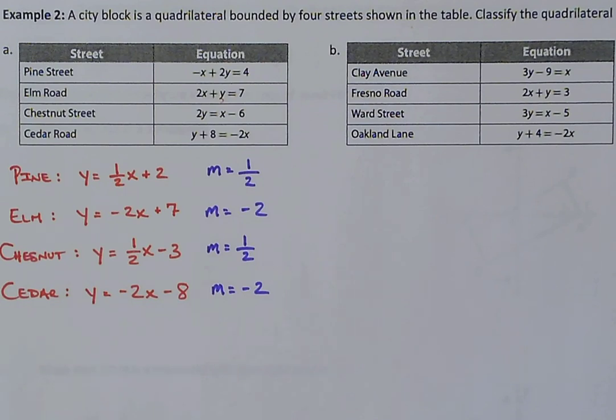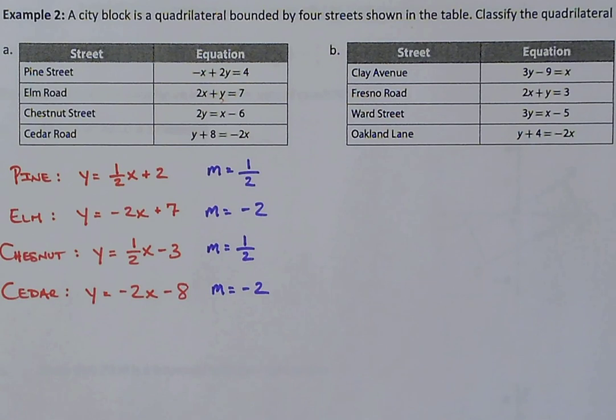Then we're going to follow up with determining if the product of the slopes is negative 1, which means that the slopes are opposite reciprocals, which would tell us it's a rectangle. So our determination today is whether it's a parallelogram or if it is also a rectangle.